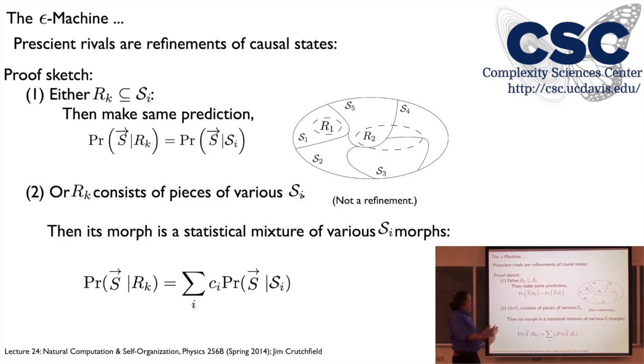I'm not going to say exactly what, but it's some mixture of these things. We can write that out formally: given R2, the predictions we make on the future, on average, will be some mixture of the future morphs associated with the contained causal states, with some coefficient that does the right normalization to make these probabilities.